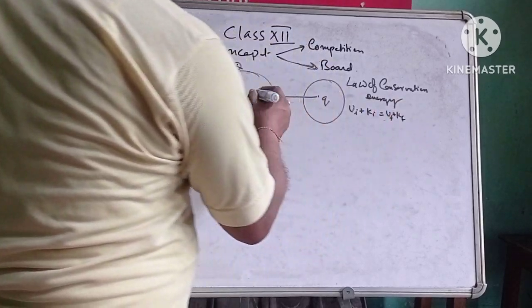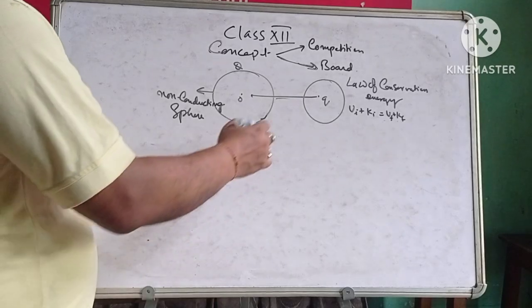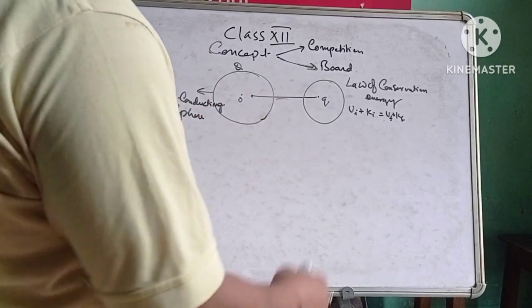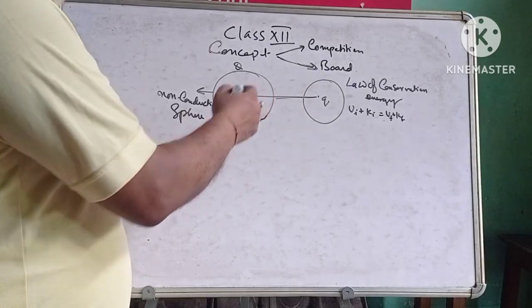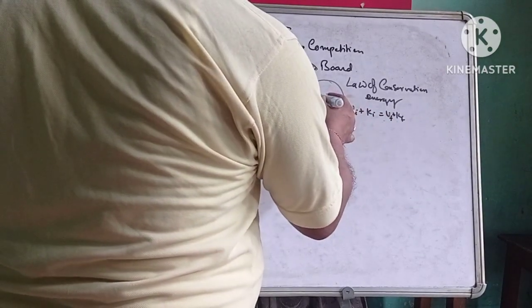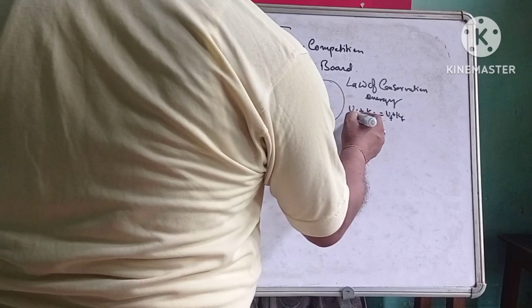Your final kinetic energy here will be 0 because the charge stops here, and you have initially the potential here at B.